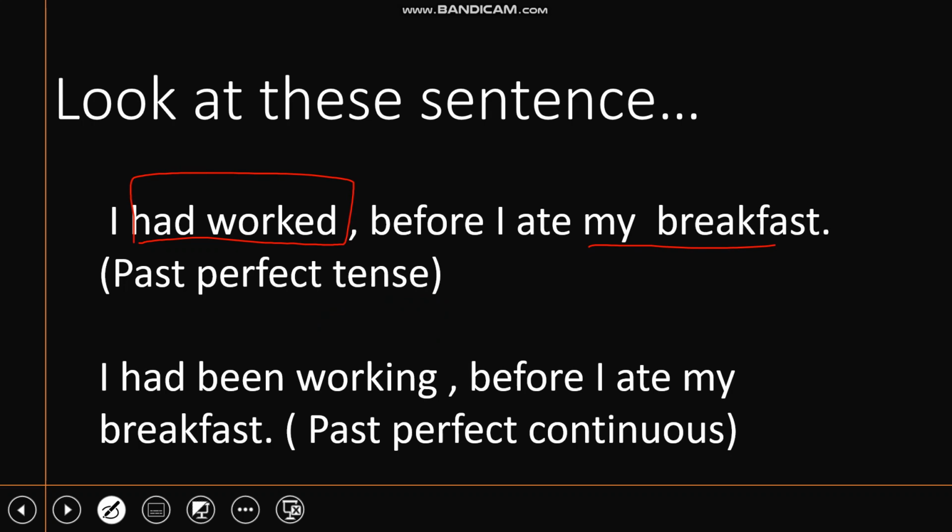I worked before I ate my breakfast. Second one, I had been working before I ate my breakfast. See here, you use the past perfect continuous tense. I had been. There's a slight change in the verb form. You have had plus been plus working. Work, that is the verb plus ing.